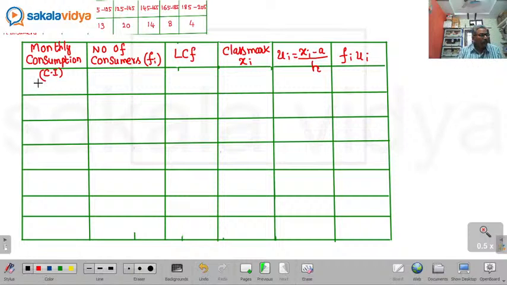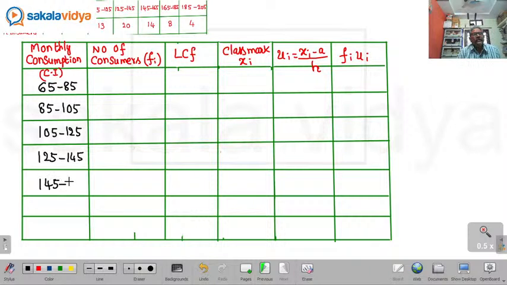Let us proceed for the solution now. First class is 65 to 85. Add 20: 85, then 105. 105 to 125, 125 to 145, 145 to 165, 165 to 185, 185 to 205.